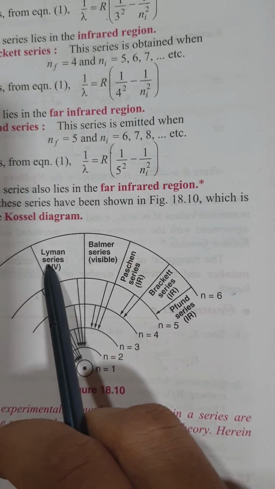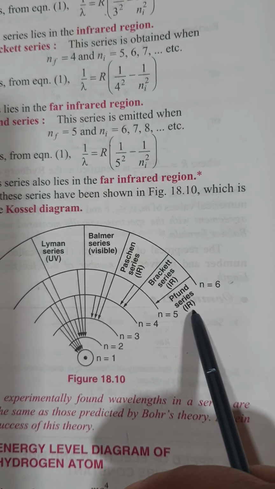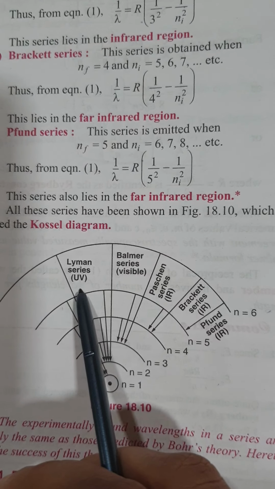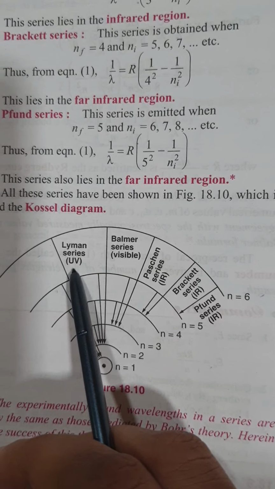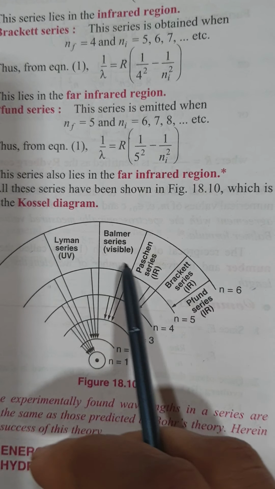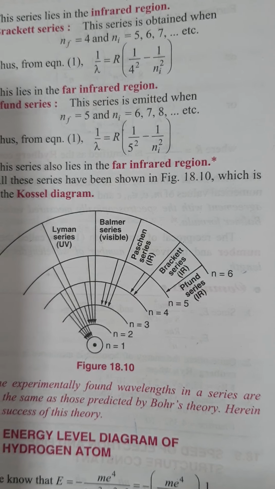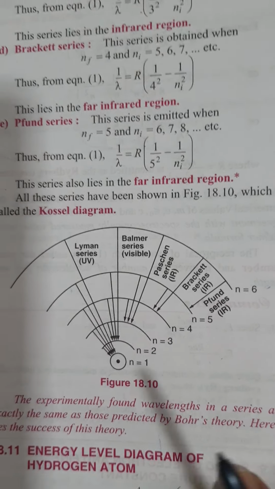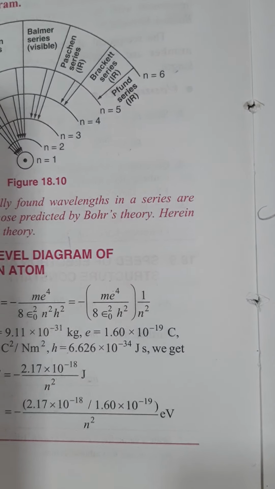So always remember this order: Lyman, Balmer, Paschen, Brackett and Pfund. These are important even for MCQs. Lyman series emits UV rays, Balmer visible, Paschen infrared, Brackett infrared, Pfund infrared rays. So these are very important formulas.